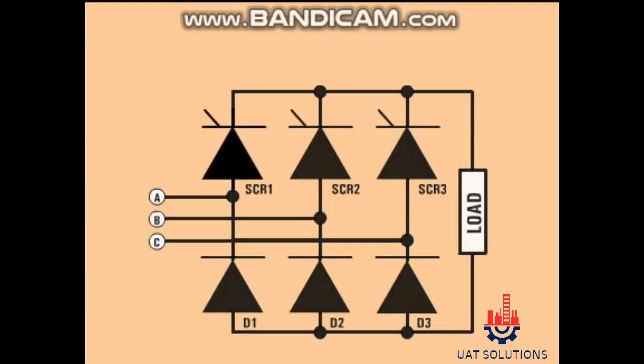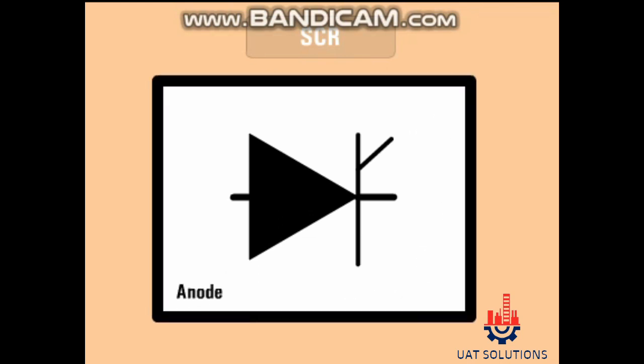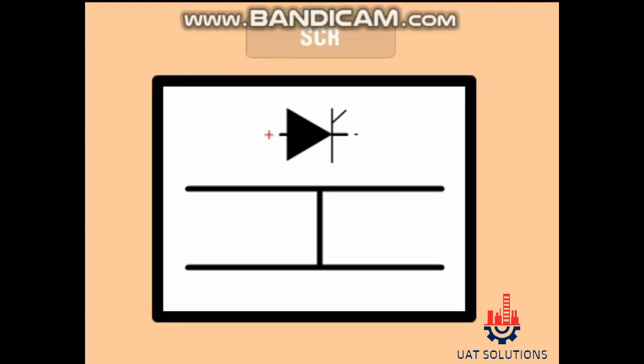The silicon-controlled rectifier, or SCR, is a semiconductor device that is similar to a diode except that it has 3 electrodes, an anode, a cathode, and a gate. If we continue to use the check valve analogy, by adding a spring-loaded latch to the check valve, we must not only apply a pressure or flow in the normal direction of flow, but we must also pull the spring-loaded latch to cause the valve to open.